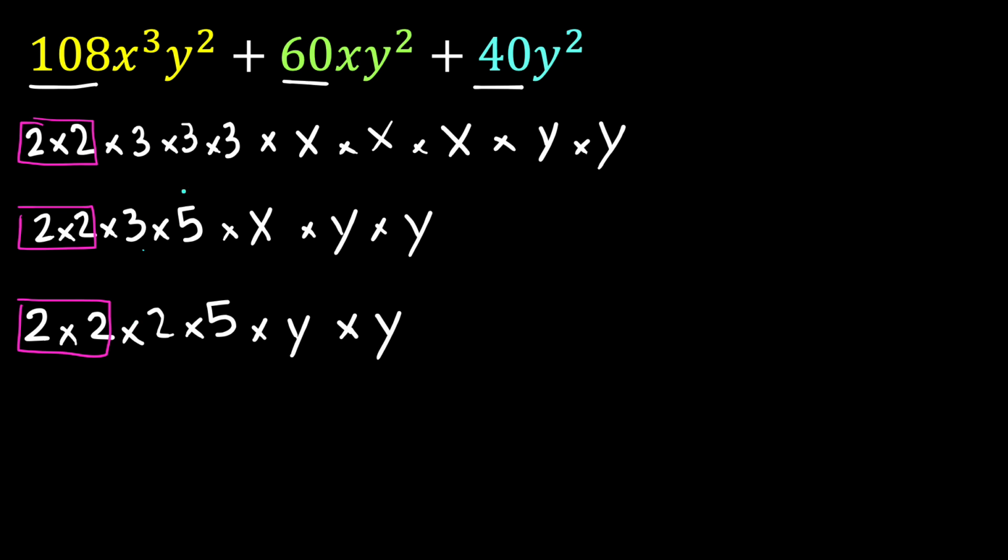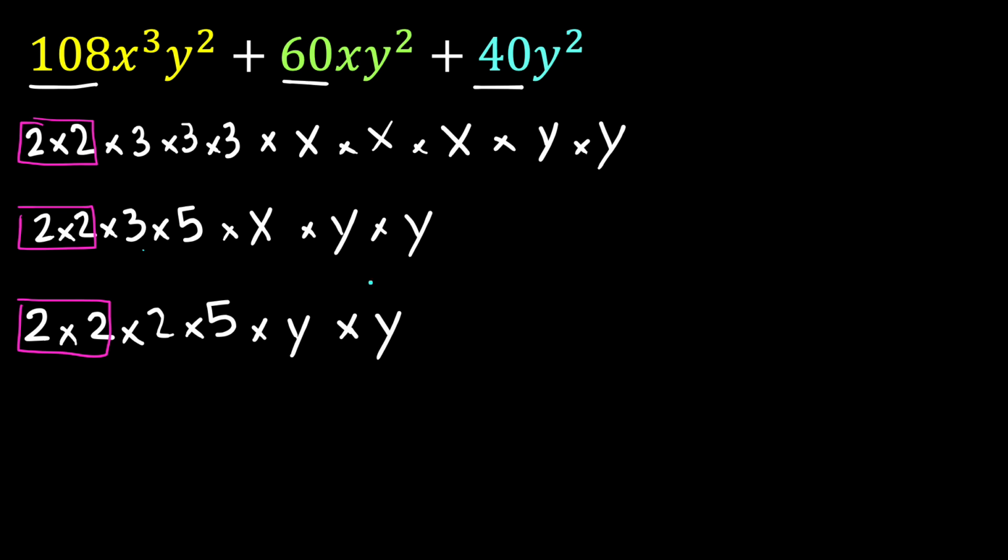Moving on to 5. For the second and third terms, we have 5 in common, but we don't have any in the first term, so we cannot take it. For x, we have x in the first and second terms, but not in the third, so we cannot take it either.